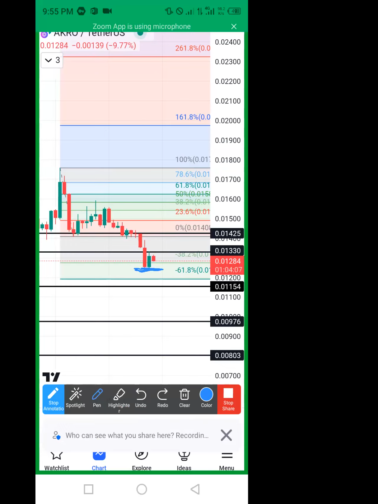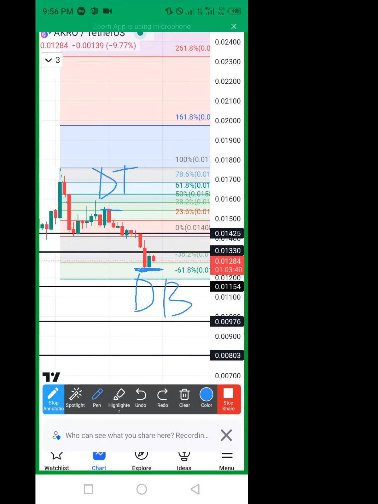It is always a bearish candle preceded by the bullish candle. While a double top, you will always see a green candle preceded by the red candle, and then you will see a movement. This is a double bottom, whereas this one was a double top.